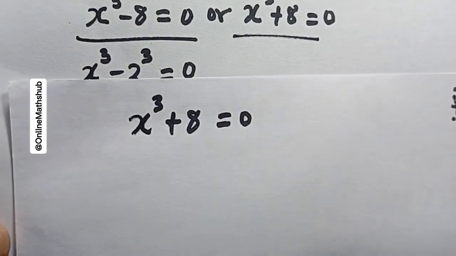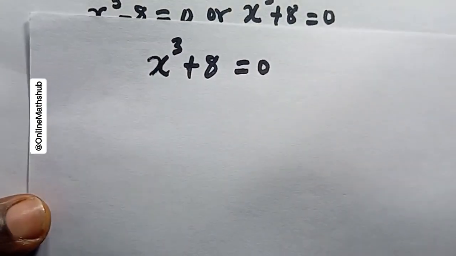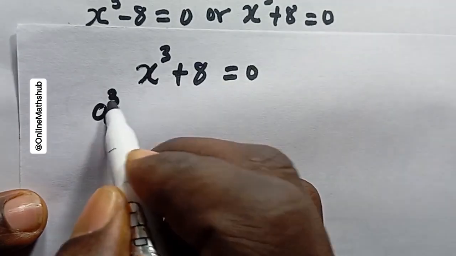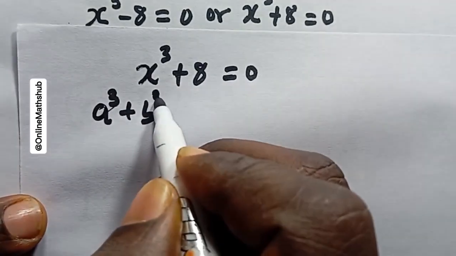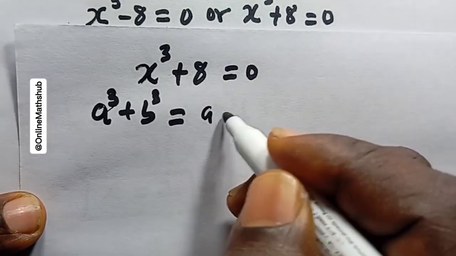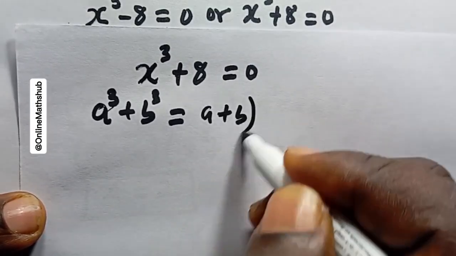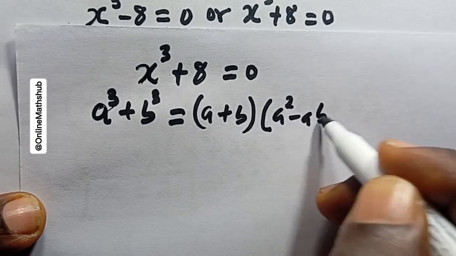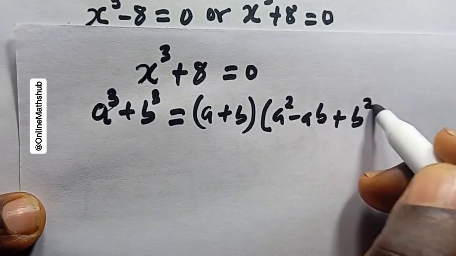How do we simplify this? You just need to remember that when you have a power 3 plus b power 3, you can expand this to be a plus b, multiplied by a squared minus ab plus b squared.